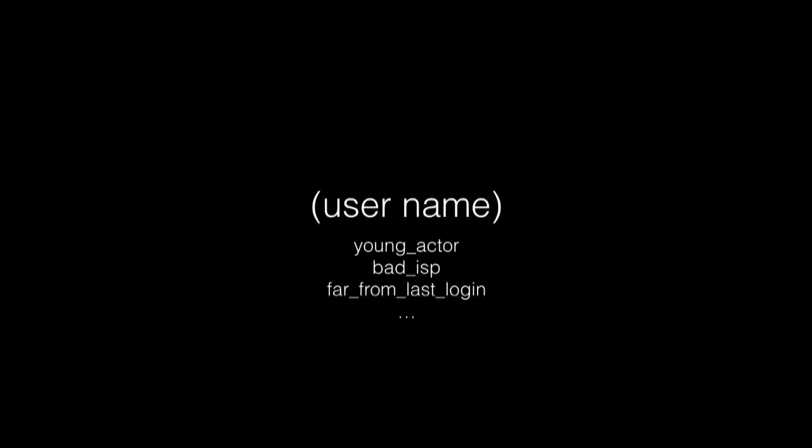Another example would be a label database. For example, given a username or email domain, what other labels have we applied to it before? A username might be a young actor, which means we have seen this user before, but not long ago. Another example would be that this user came from a known bad ISP, or the last time this user logged into our system was from a very faraway location compared to this time.